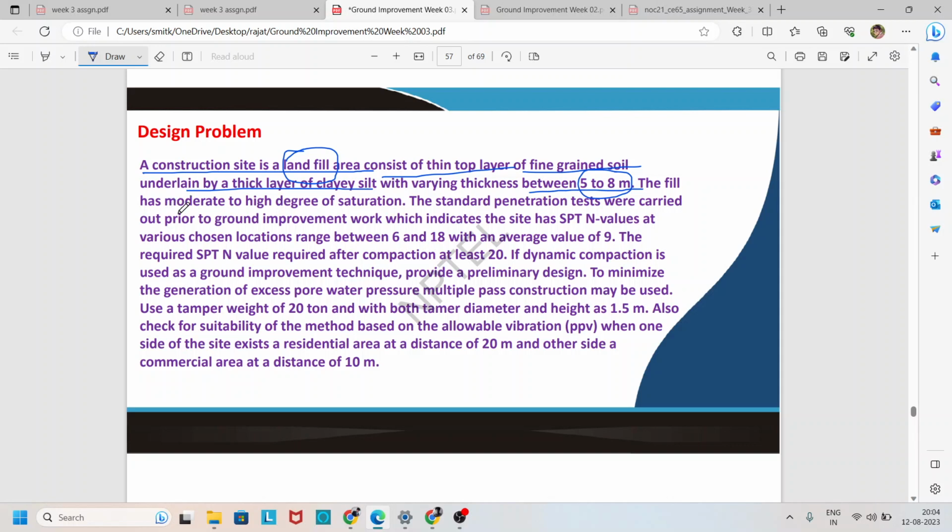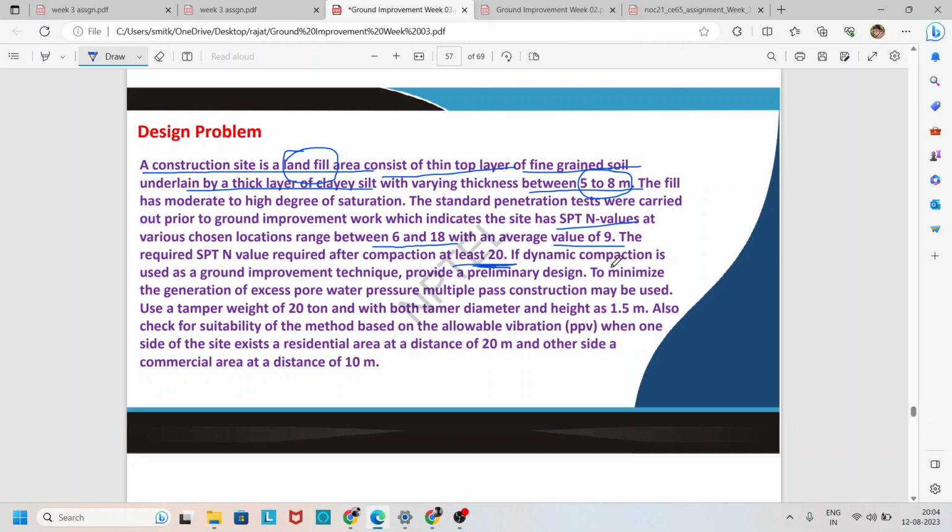The field has moderate to high degree of saturation, and standard penetration tests were carried out prior to ground improvement. The SPT is between 6 to 18, and the average SPT value is 9. After the ground improvement by deep dynamic compaction, the SPT value should be at least 20 for the fine soil.